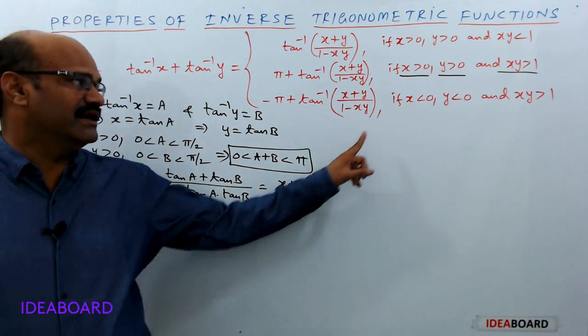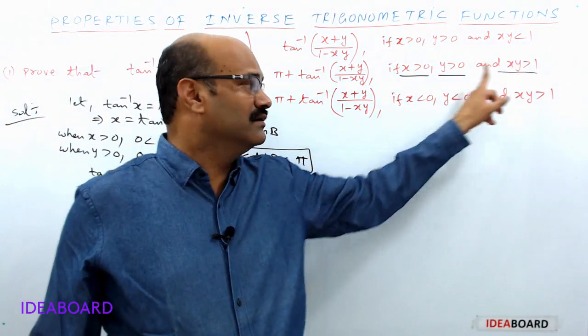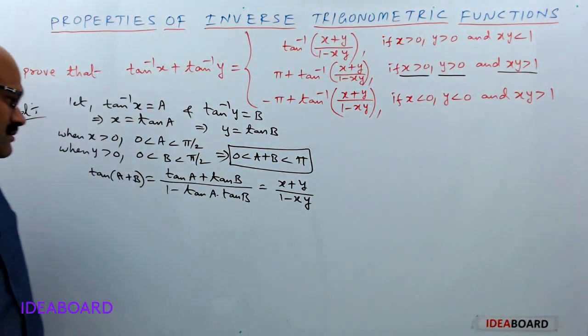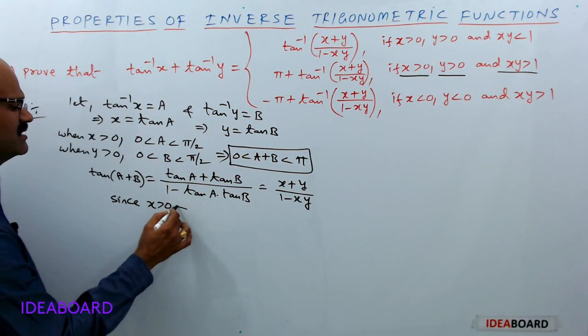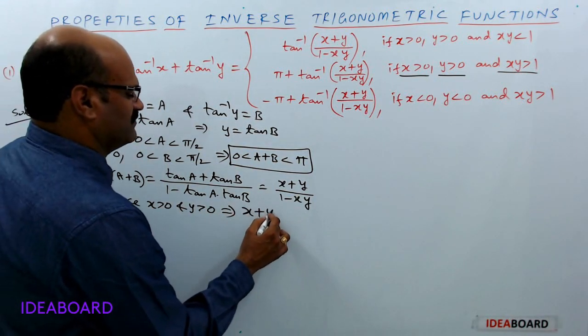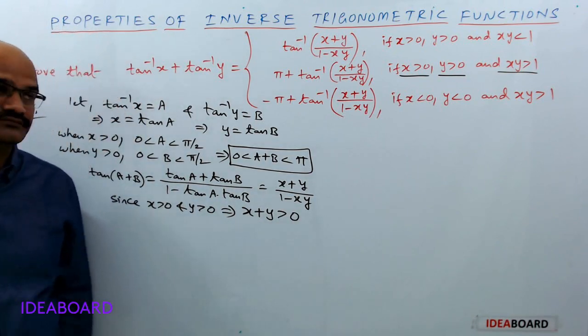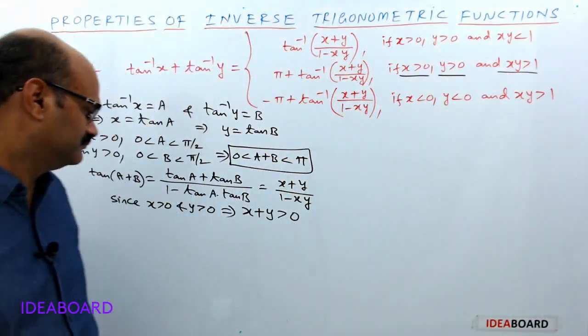It's given very clearly x greater than 0, y greater than 0 and xy greater than 1. Since x greater than 0 and y greater than 0, it implies x plus y is also greater than 0.